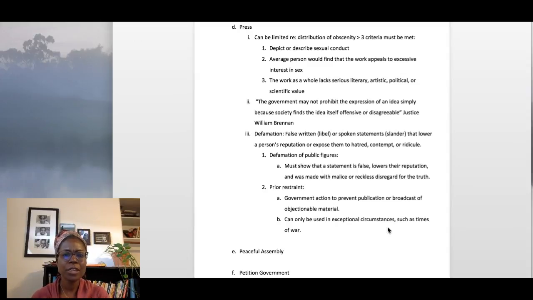So the standard for prior restraint is very high, and the government has to prove beyond a shadow of a doubt that this material cannot come out because the entire country would be in jeopardy. So that covers freedom of the press.